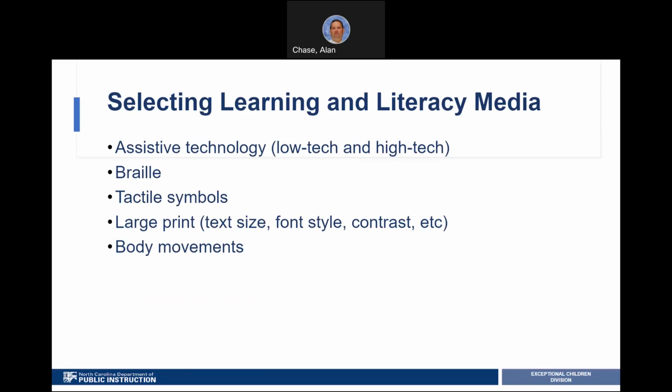Further, the TVI should assess the student with various forms of low-tech and high-tech forms of assistive technology. Some of these may include various types of paper, types of writing instruments, magnifiers, screen reading programs, video magnifiers, or tablets with built-in accessibility features.